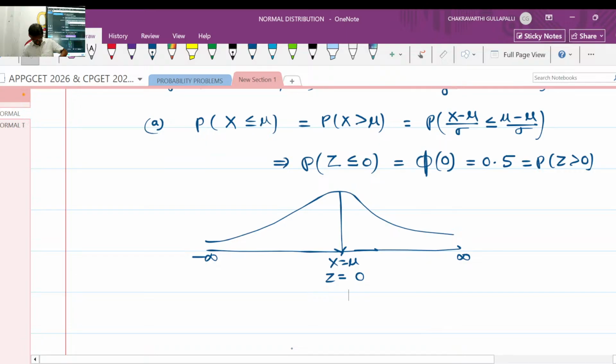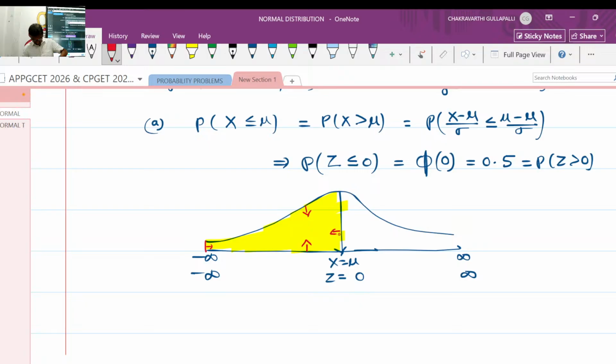Substituting the X value mu minus mu gives 0, and 0 by any value is 0. Always consider the area under the curve. Abscissa means the x-axis, and the area under the curve is taken with respect to the ordinates, left to right.